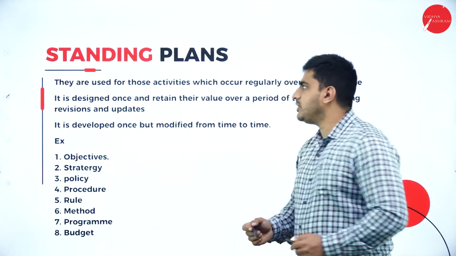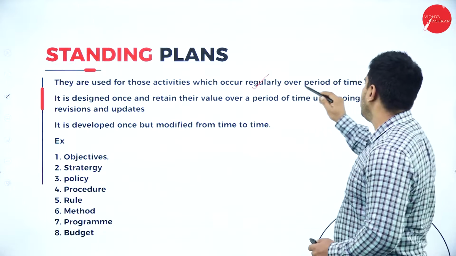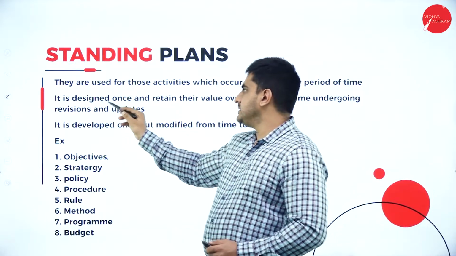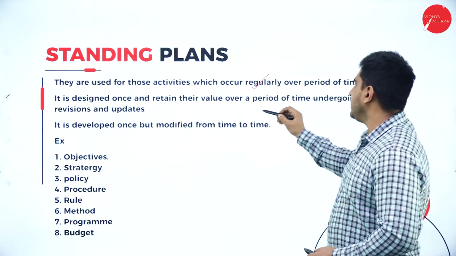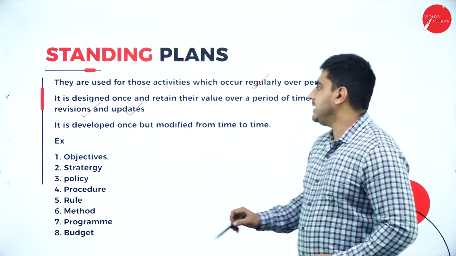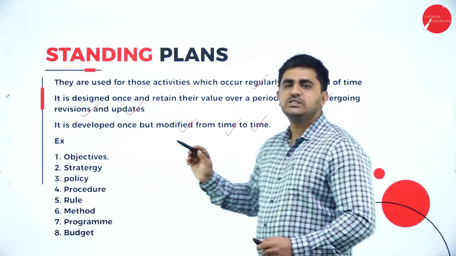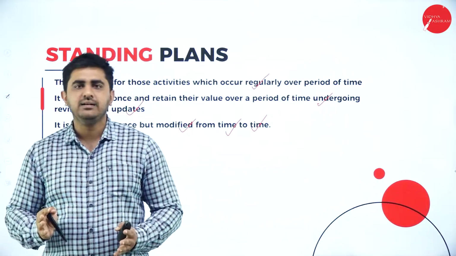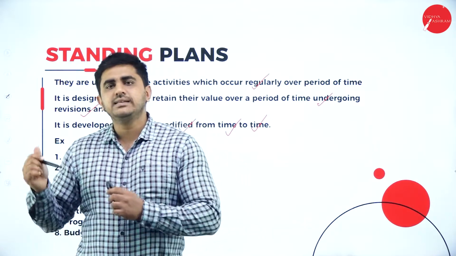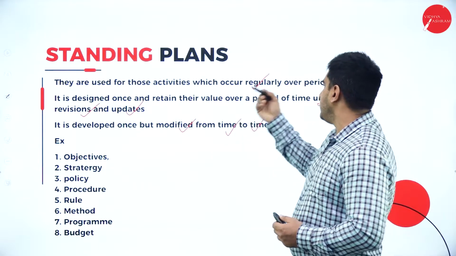So next you go for standing plans. They are used for those activities which occur regularly over a period of time. It is designed once and retains its value over a period of time, undergoing revisions and updates. It is developed once but modified from time to time. So standing plans means once they draft the standing plan, they will not discard it like the single use plan. They will modify it, or they will retain it over a period of time.